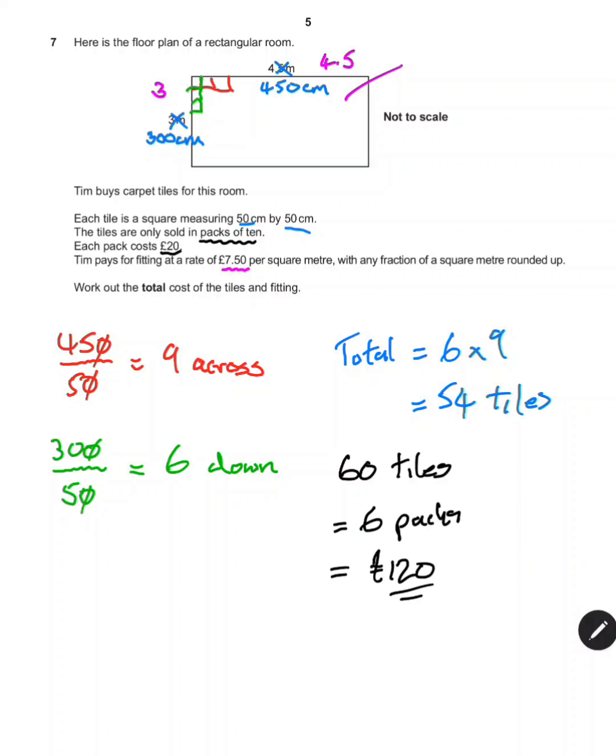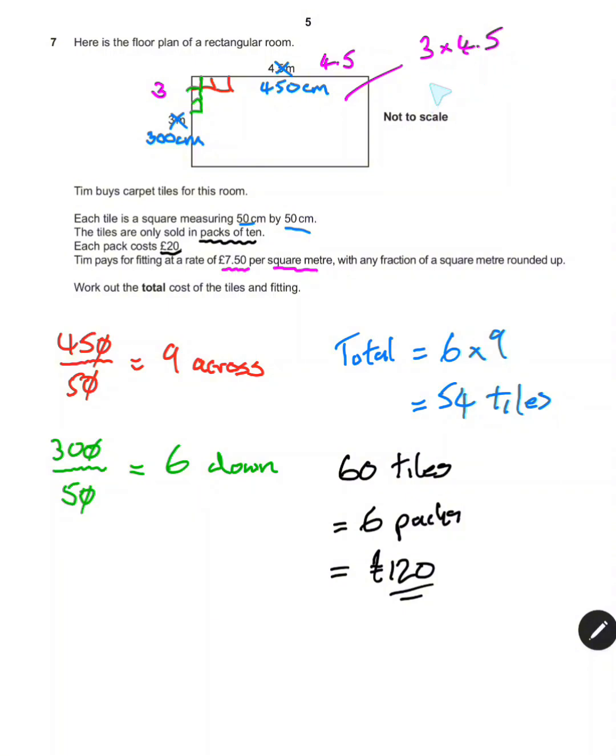So we'll use meters again because we're looking for square meters here, and we need to do 3 multiplied by 4.5. 3 times 4 is 12, so this is saying 3 4s are 12 and 3 lots of a half.